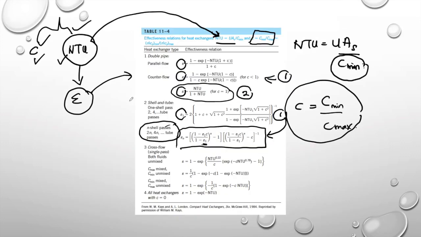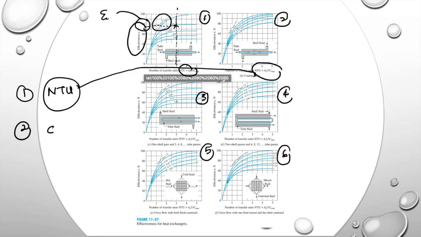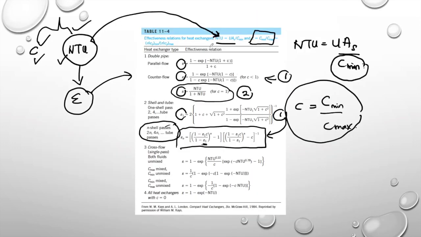Because you know that effectiveness can be calculated from table 11.4 or this graph. To know the effectiveness, you have to know the value of NTU and C. C can be calculated because we already calculated it, and we have C minimum and C maximum.